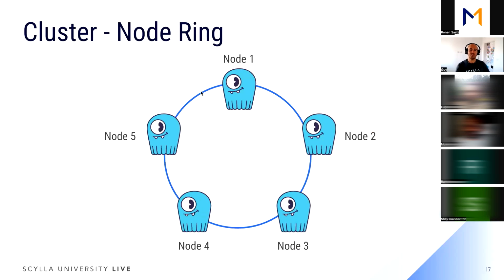So I mentioned that nodes work together in something called a cluster to serve requests. This is how we conceptualize it. In this example, we see a 5-node cluster. These 5 nodes are working together to serve requests. In the quick wins example that I just showed you, we had just a single node. That is only relevant for the lab. In production, a cluster should have at least 3 nodes.